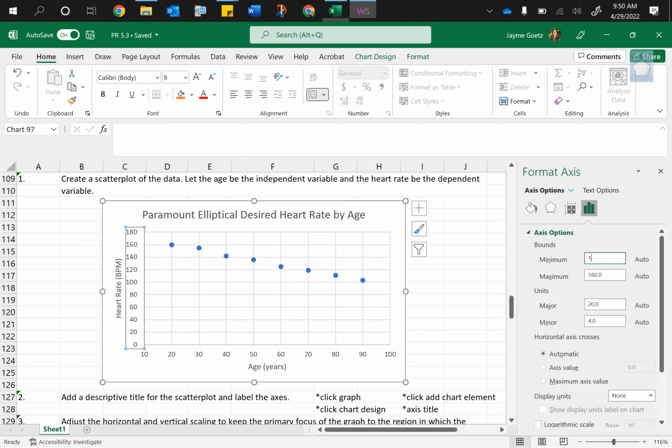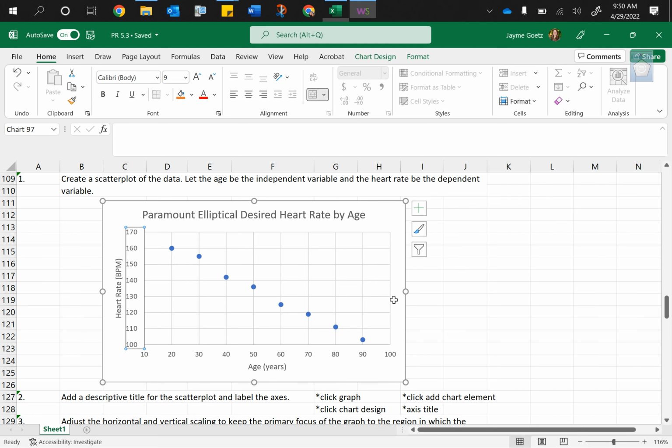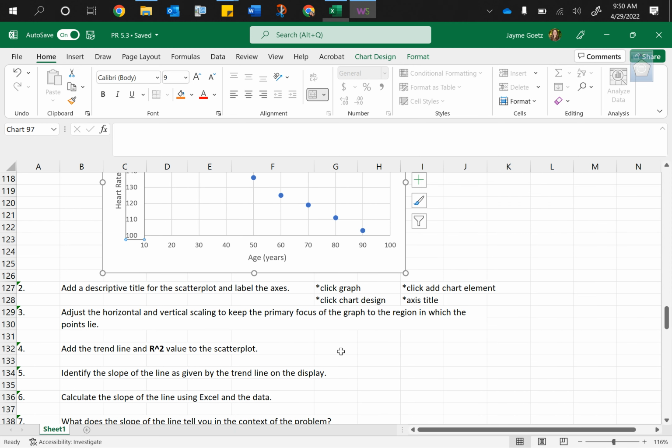So I want my minimum to be 100. Now my maximum at 180 is still a little bit high, so maybe I want my maximum to be at 170. And you can play around with this. If you change it to 170 and you still don't like how that looks, you can edit it as much as you want. Okay, then close out. That's a lot better. That's a lot easier to see our data.